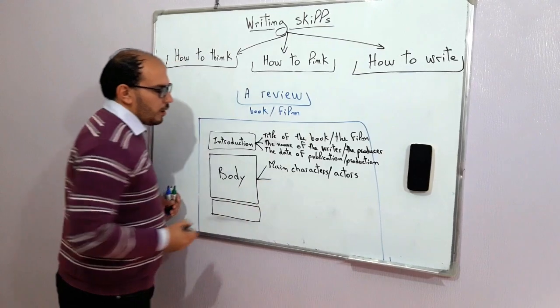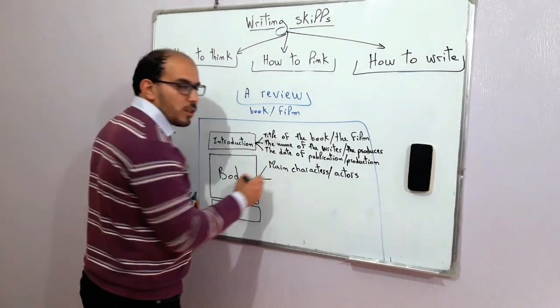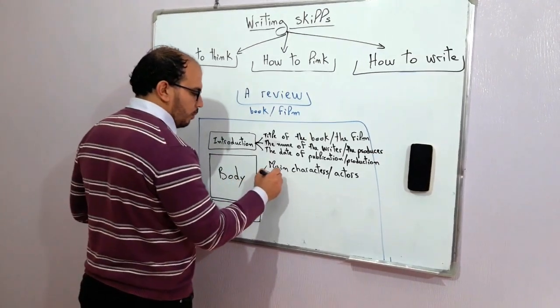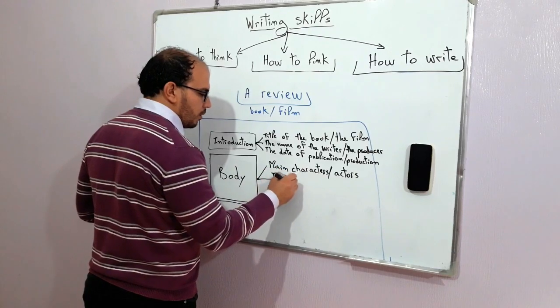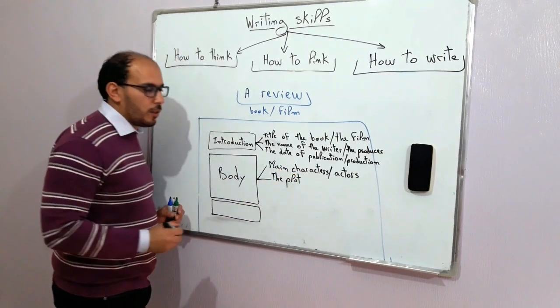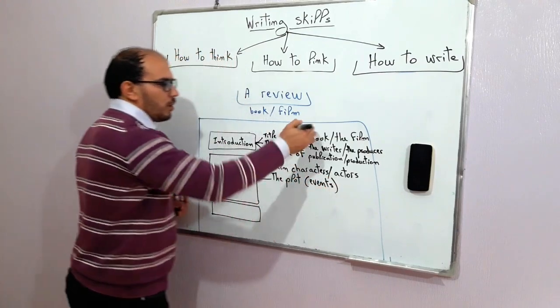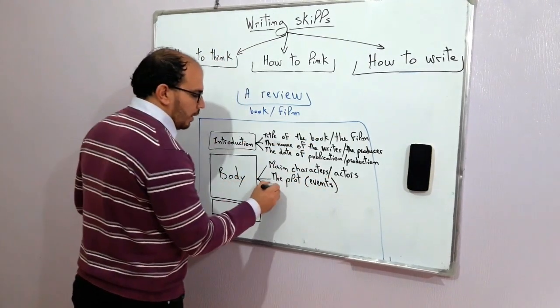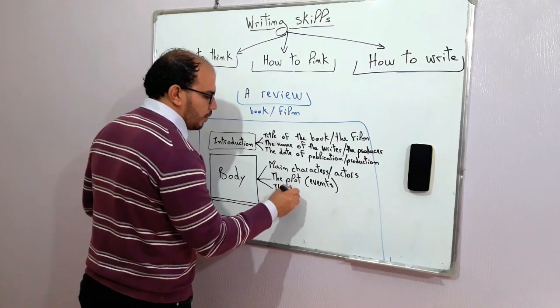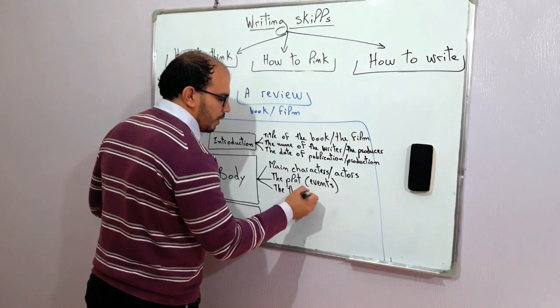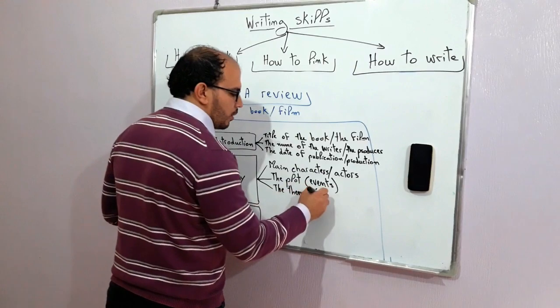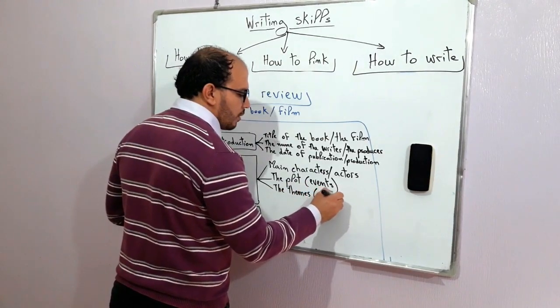Next, I also have to mention the plot. When I say the plot, we are talking about the events in the book or in the film. I also have to mention the theme or themes, and in this case we are talking about messages.